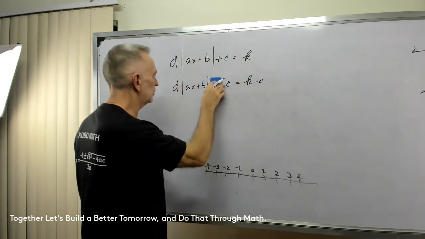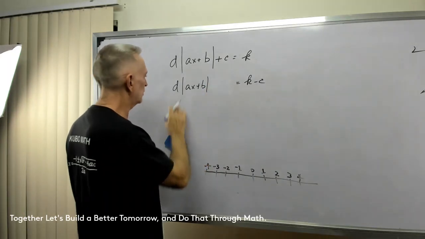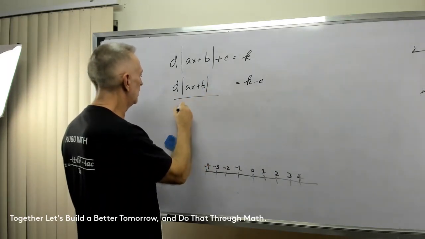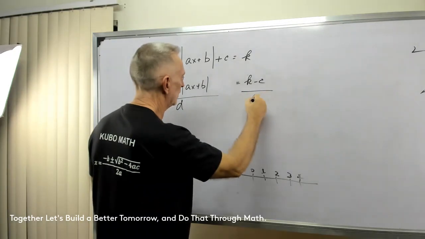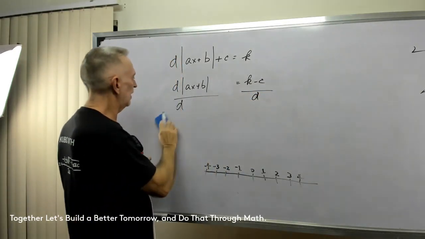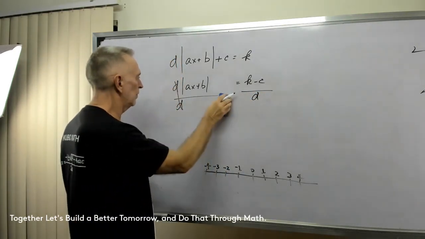All right, so these C's are gone. I still have D. Let me divide both sides by D. So now D divided by D, that one's gone.